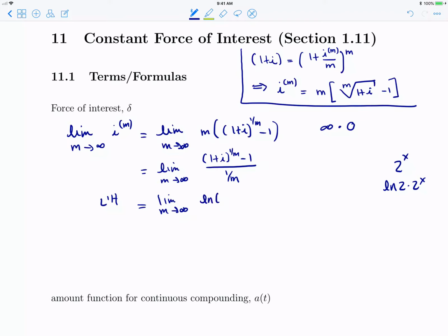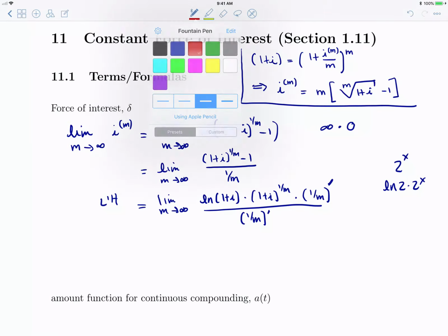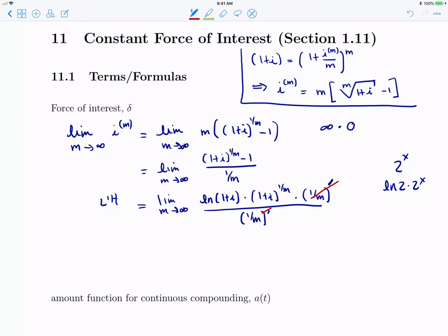So I get ln of (1 plus i) times (1 plus i) to the 1 over m times the derivative of 1 over m. And on the bottom, I have the derivative of 1 over m. So those derivatives simplify to 1.